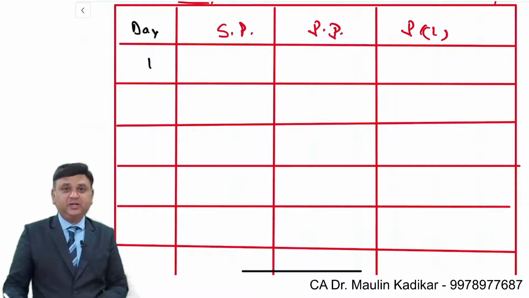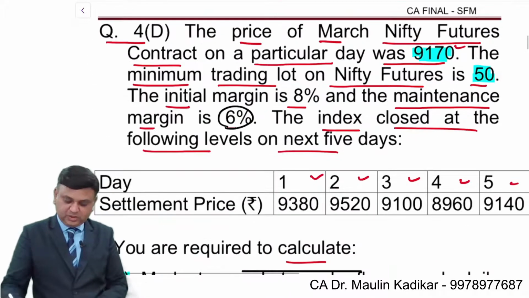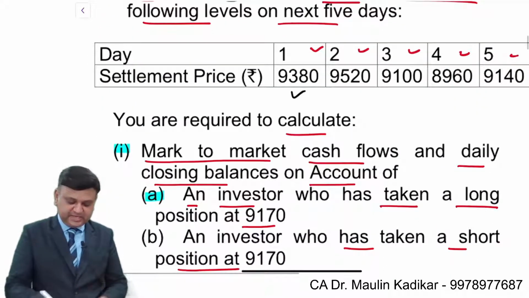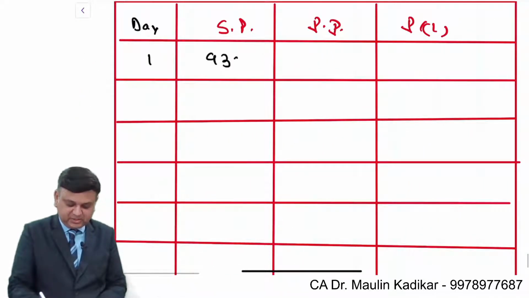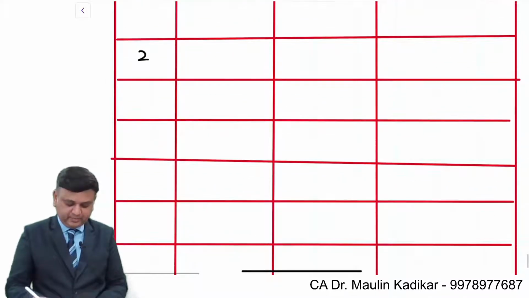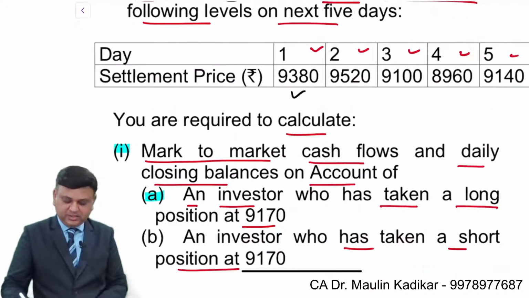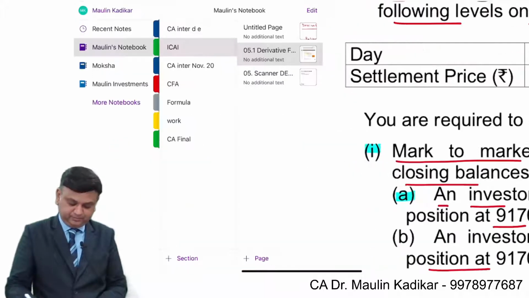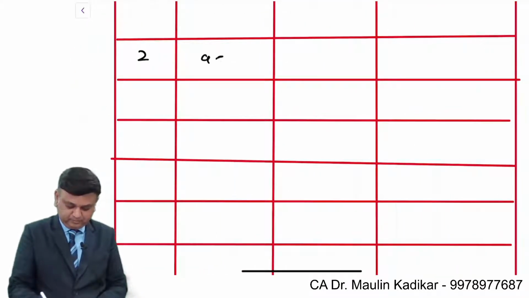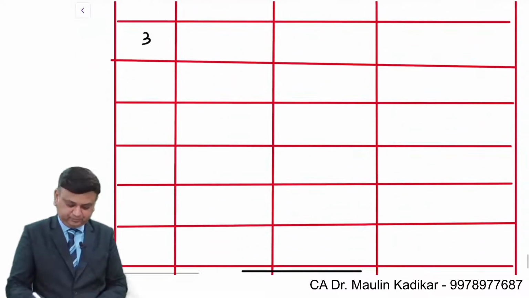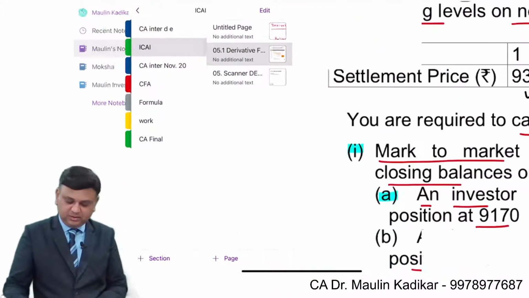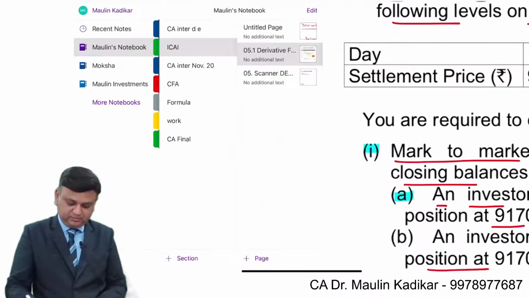So we are doing the long position. The purchase is 9170 and the sale is 9380. So the first day sale is 9380. Second day the sale is 9520. Third day the sale is 9100. Fourth day sale is at 8960.